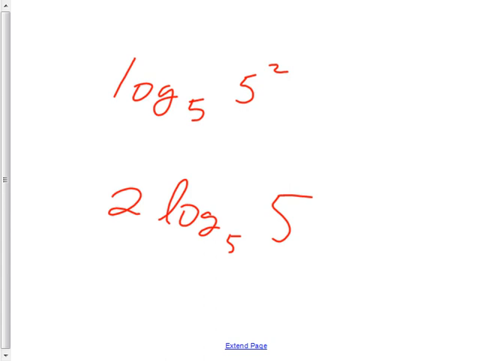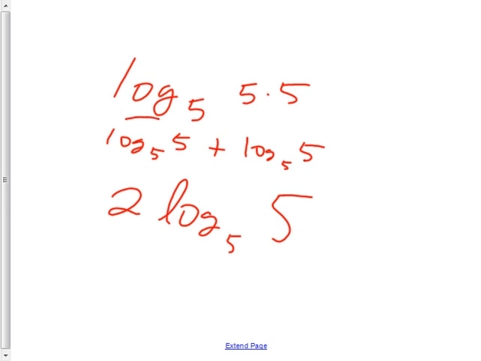Isn't that the same as if I change this 5 squared into 5 times 5 and then write it as log base 5 of 5 plus log base 5 of 5? Wouldn't that be also true? And what's this equal to? 1. And what's this equal to? And 1 plus 1 is? So the answer is 2. There's like 6 ways to get the answer of 2 here. Okay, but the answer is 2.